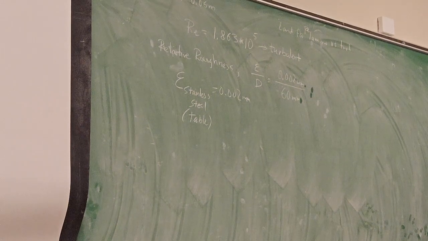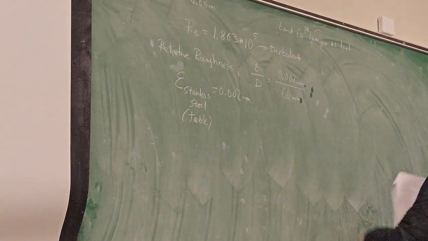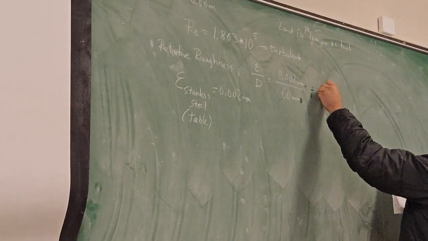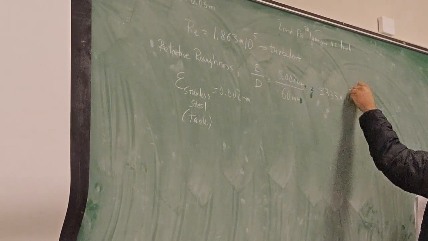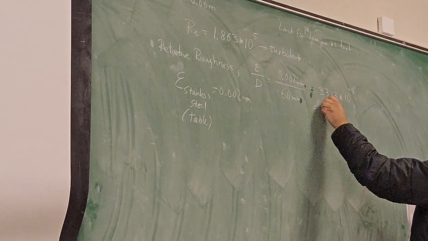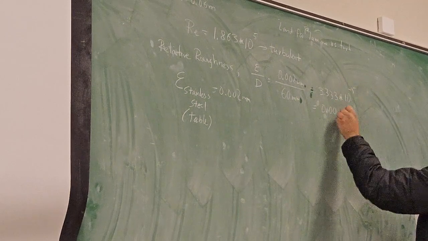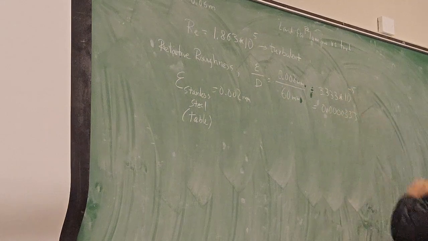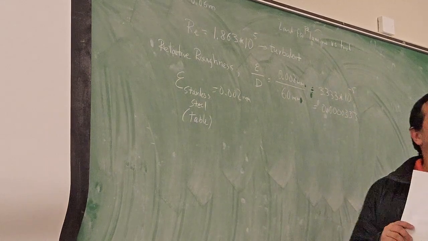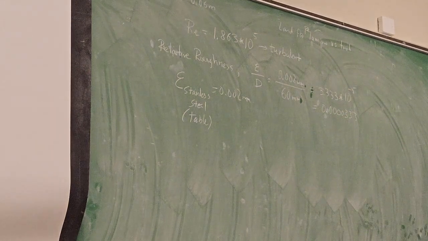So this is going to be equal to 3.333 times 10 to the negative 5. It's actually 0.00. This number, very small. 0 point, and then 4 zeros, 333.